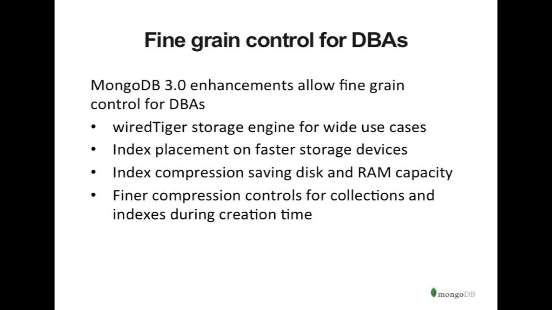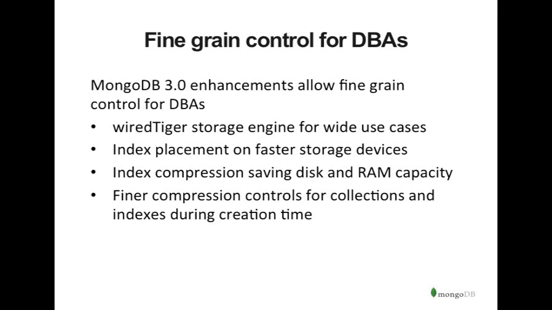And you can use specific index compression, saving disk and RAM capacity. If you have more CPU capacity, then you can go as high as zlib compression to save the most space and most capacity. And you have finer compression controls at creation time for collections and indexes.